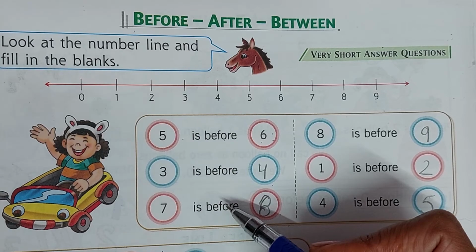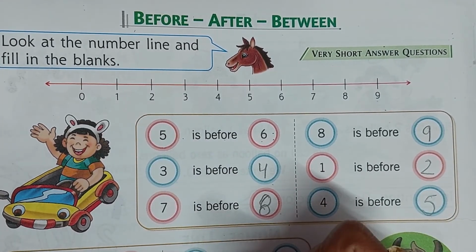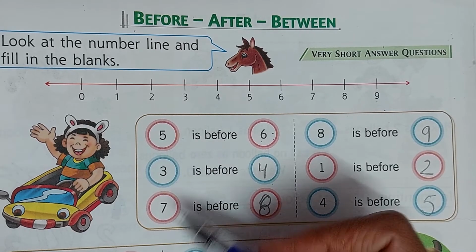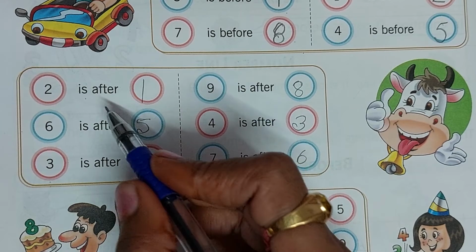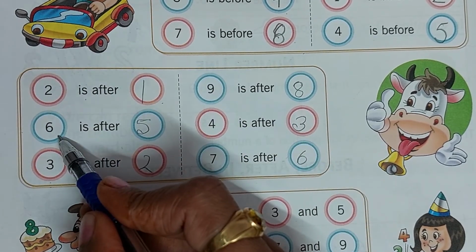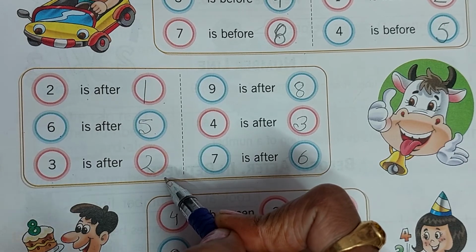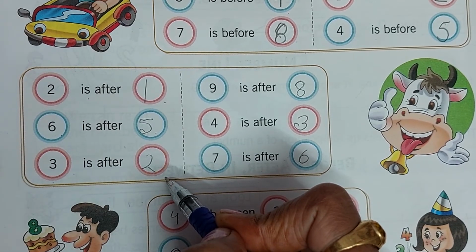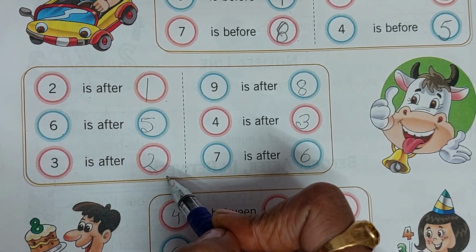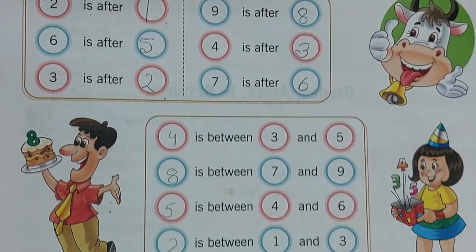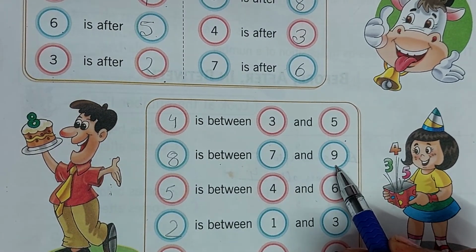Some students write the before number of the given number. No, don't make this type of mistake. Then after: 2 is after 1, 6 is after 5, 3 is after 2. After is given but we are writing the before number because the language tells us to. And in between, 4 is between 3 and 5, 8 is between 7 and 9.